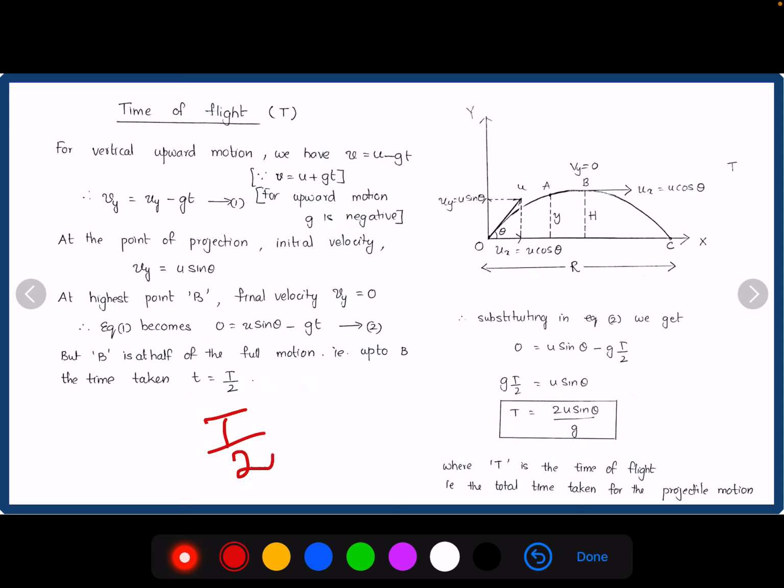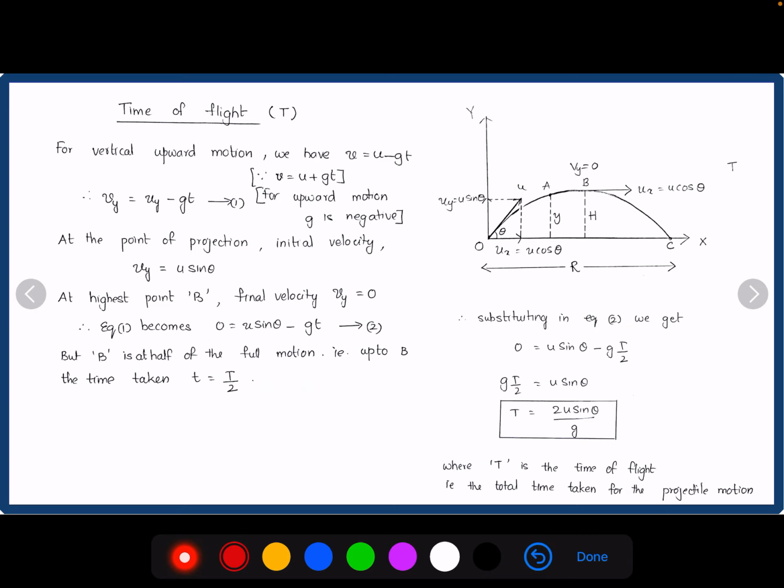Substitute t by 2 in this equation: 0 is equal to u sin theta minus g t by 2. Bring g t by 2 to this side, negative becomes positive. g t by 2 is equal to u sin theta. Therefore, t is equal to 2u sin theta by g.